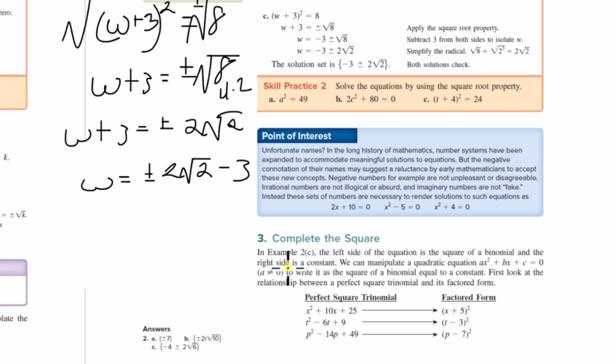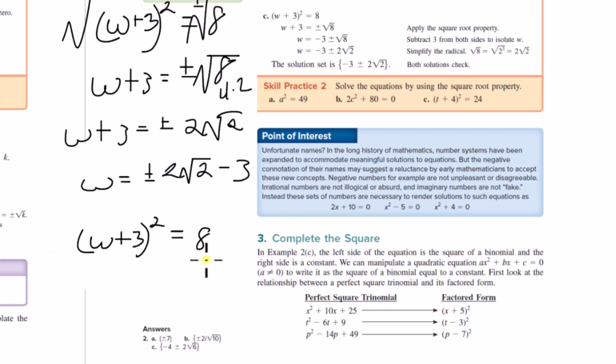So, okay. It says in example 2c, the left side of the equation is the square of a binomial and the right side is a constant. That's what the last example we just did.